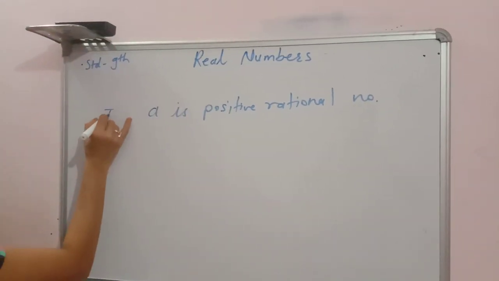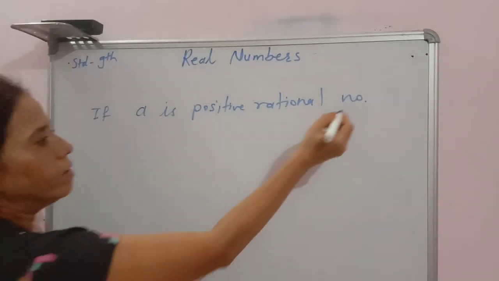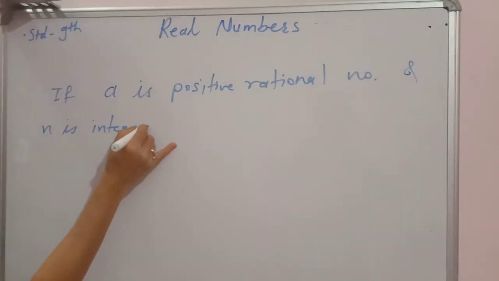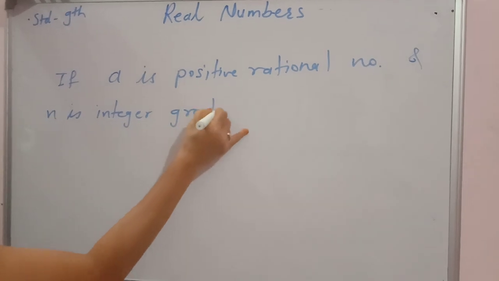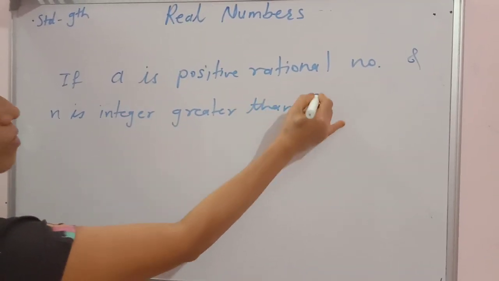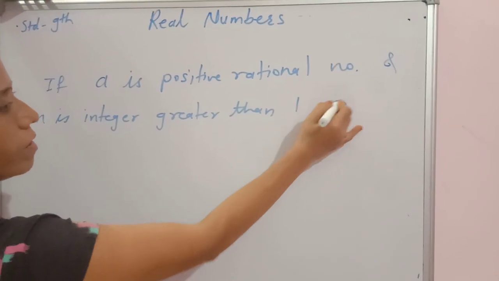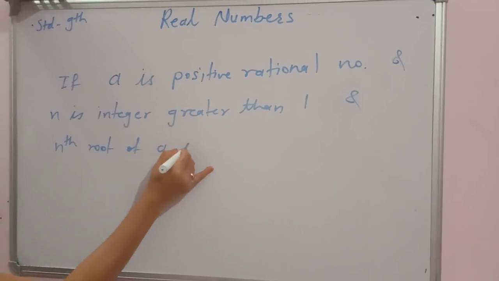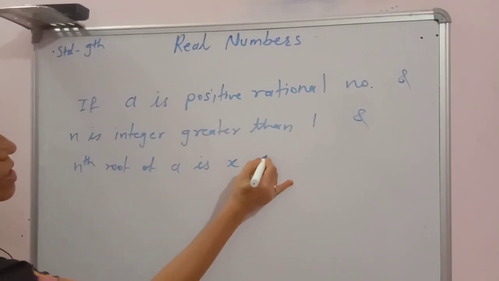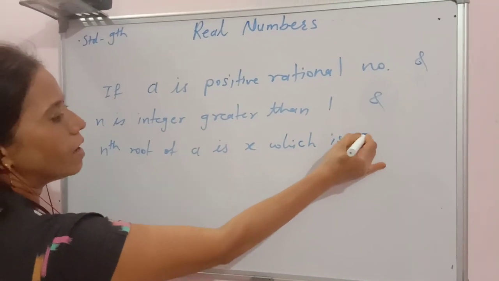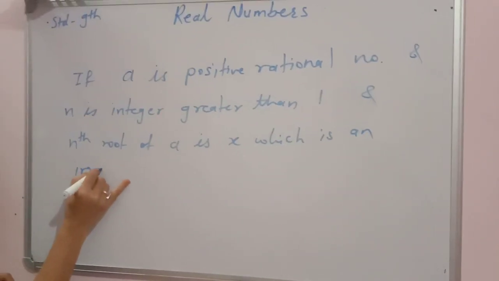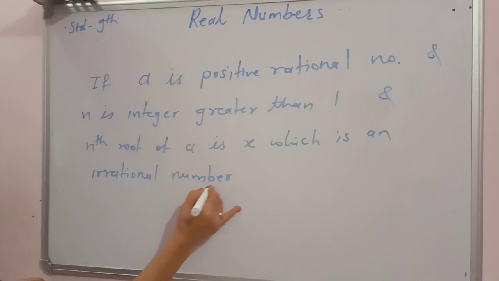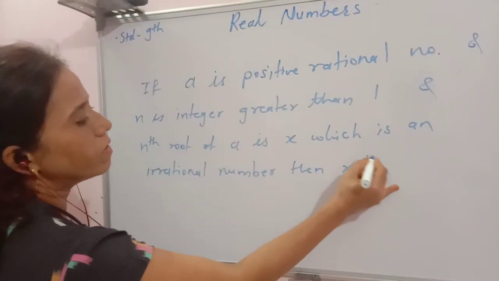If a is a positive rational number and n is an integer greater than 1, and the nth root of a is x, which is an irrational number, then we say that x is a surd.